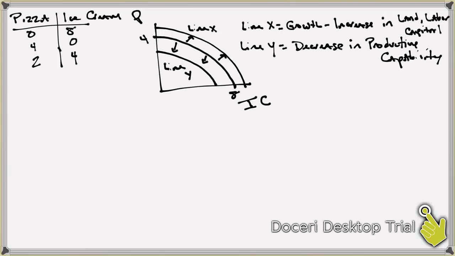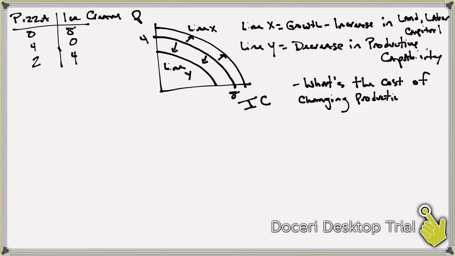So let's just add here the question: What is the cost of changing production from, we'll say, point A to point D? What's the cost of changing production from point A to point D?